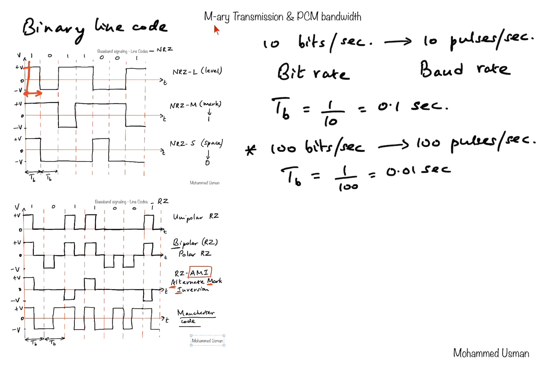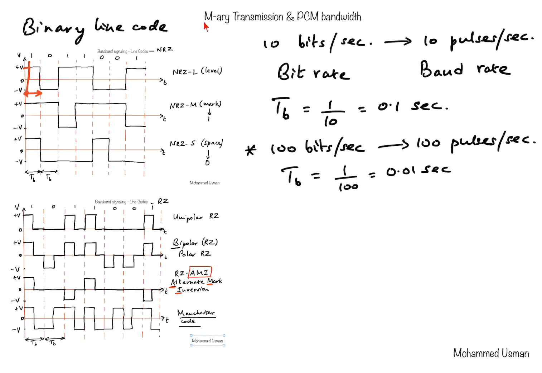If each pulse contains information related to only one bit, then the pulses represent a combination of two symbols, either a 1 or a 0. But in M-ary transmission, we can have the pulses representing more than two combinations. That is when we call it M-ary transmission.